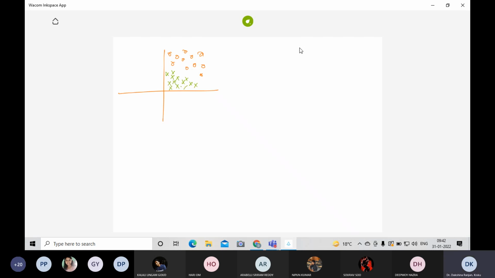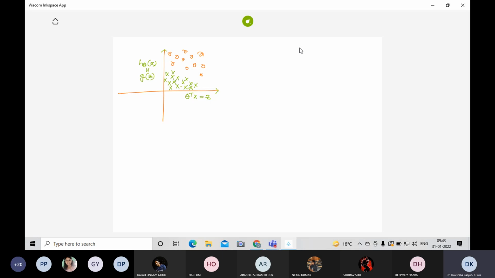So these are the data points plotted in this xy plane. This is theta transpose x, or z, and this is h theta x, or g of z.